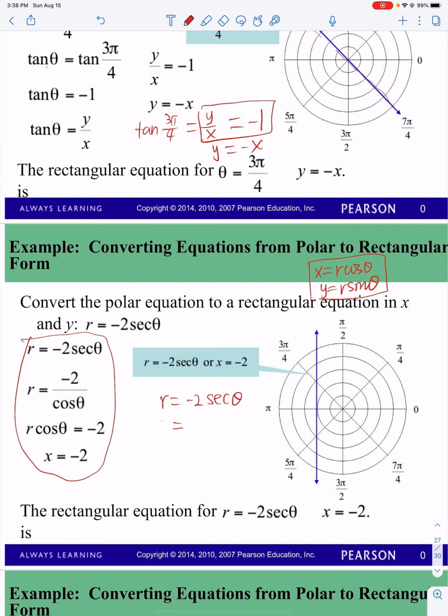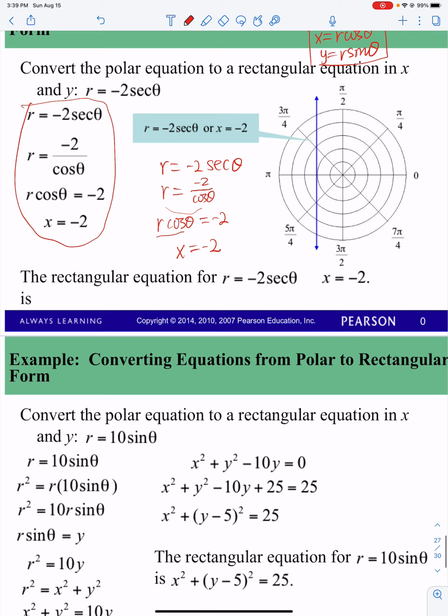So what will we do? Could we relate secant with sine or cosine? Yes. So negative 2 over cosine. It's on the denominator. We wanted to what? We multiply on the other side, negative 2. So r cosine, this is what we are familiar with. So x equal to negative 2. Good, then it's done.